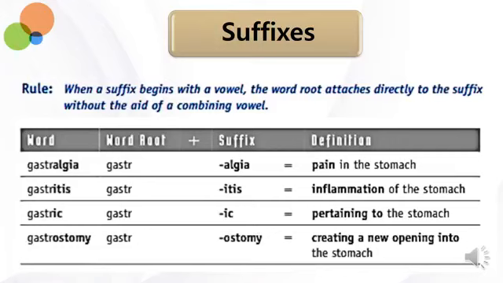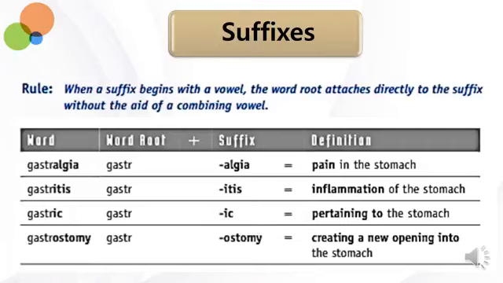We have discussed the word gastralgia, or pain in the stomach, made by adding the suffix algia, which means pain, to the word root gaster. Another word uses the same word root, gaster or stomach, with a different suffix, itis, which means inflammation. So I have the word gastritis, which means inflammation of the stomach.